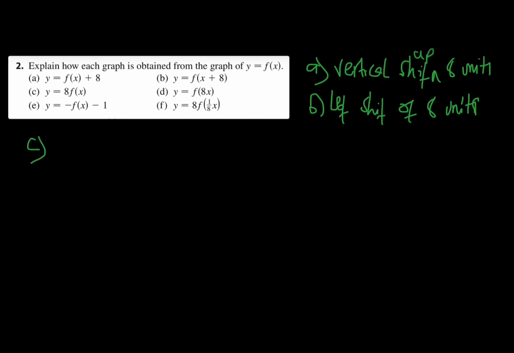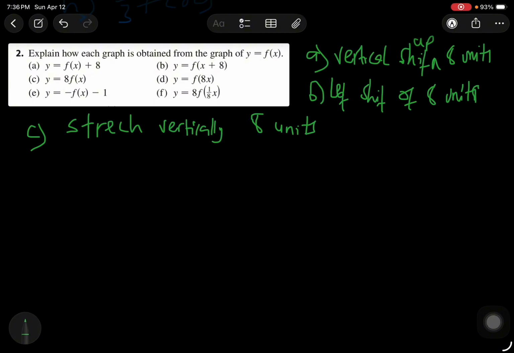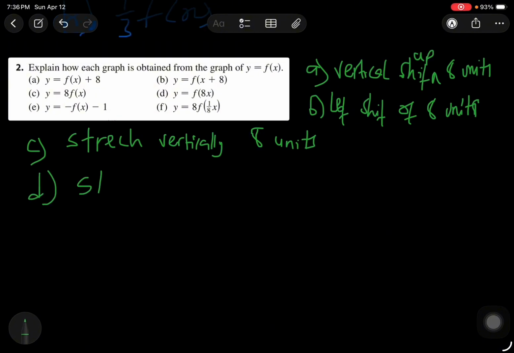The C, this is 8 f of x, so it means stretch vertically by 8 units. D, when we have something like this, it means the graph has been shrunk horizontally by 8 units.